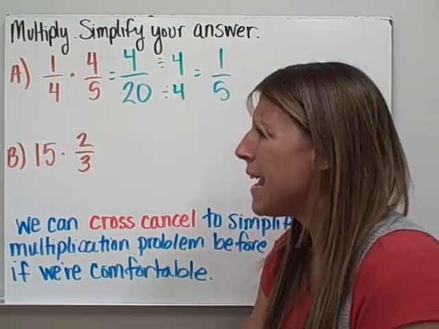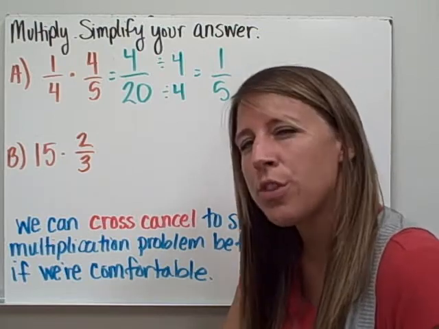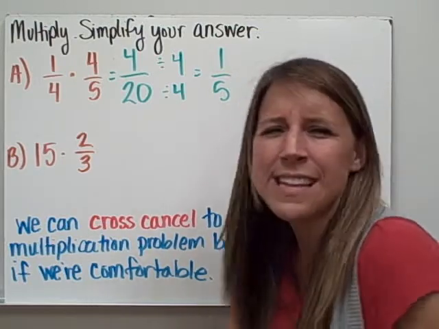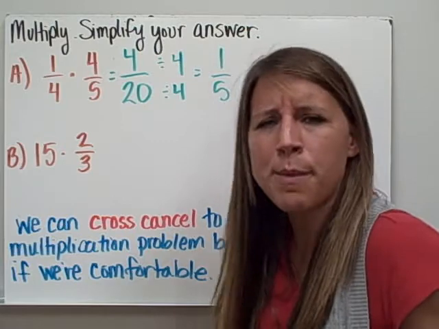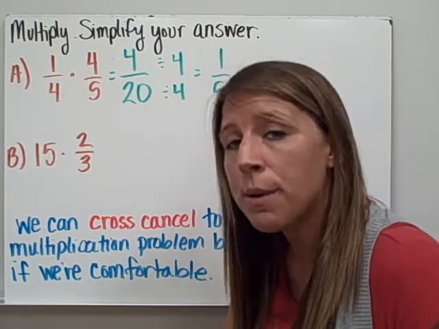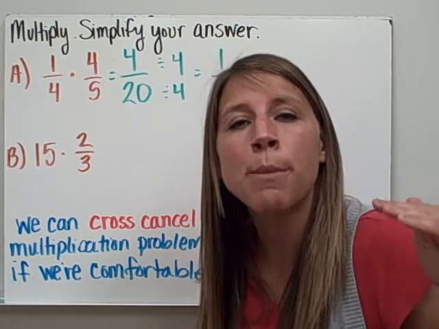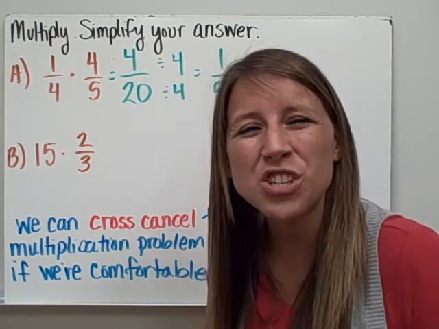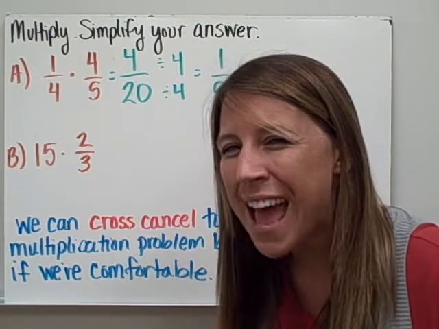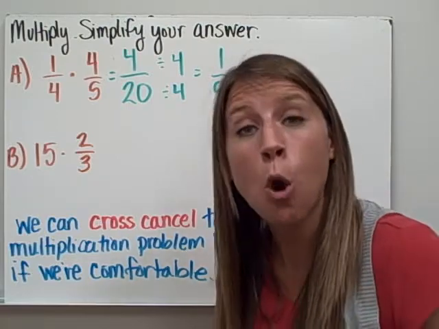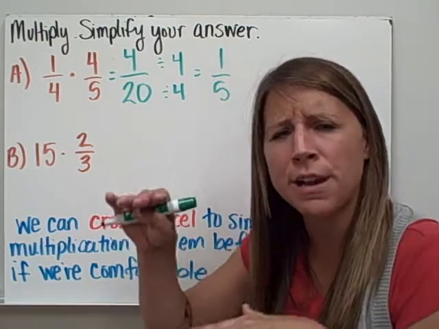In example B, we have 15 times 2/3. Now 15 isn't necessarily a numerator and a denominator, but when we're working with whole numbers, all you have to do to turn a whole number into a fraction is put that number over 1, because fractions and division problems are the exact same thing. 15 over 1 is a numerator and denominator fraction.